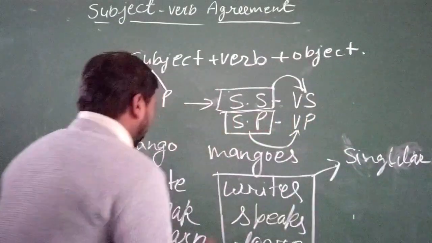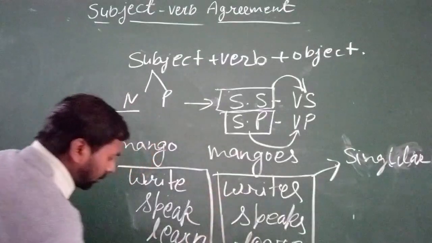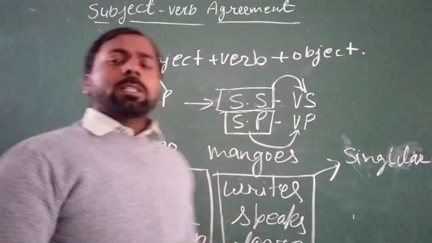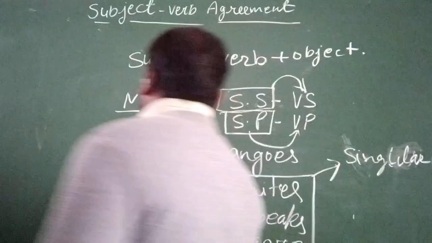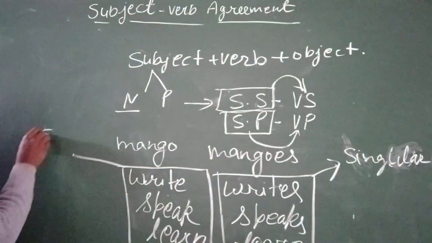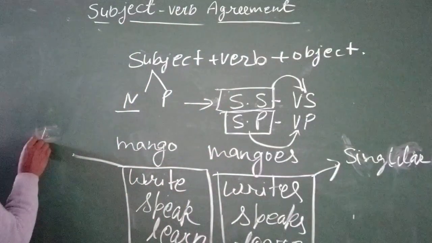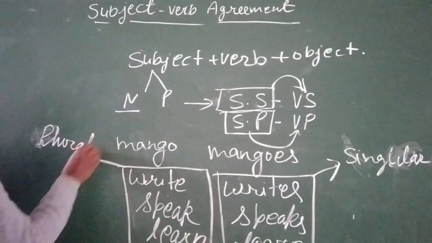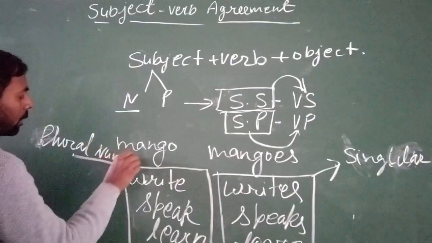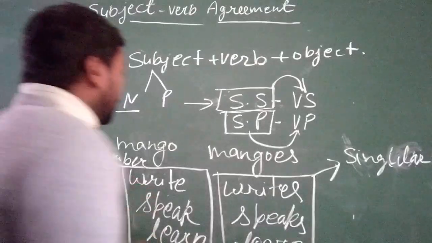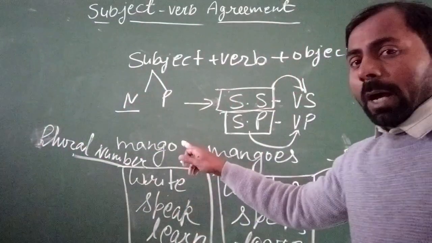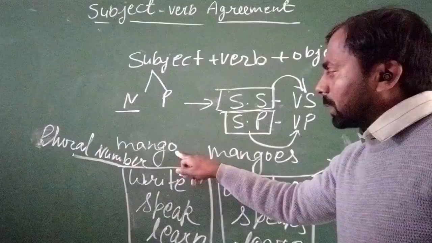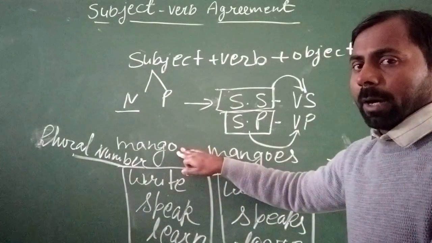And if your noun word does not have s or es, then it will be singular number, otherwise plural number. It means if your noun word has not s or es, then it will be the singular number noun.